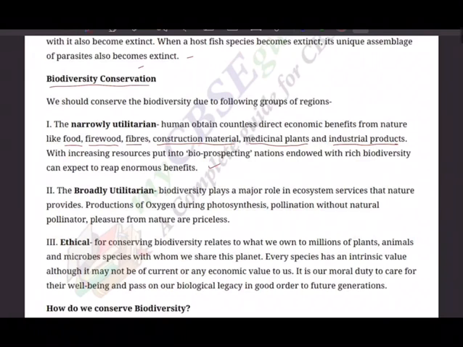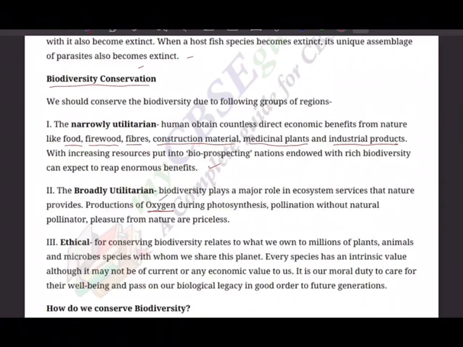And then broadly utilitarian. Biodiversity plays a major role in the ecosystem services that nature provides. Production of oxygen, of course. If we value each plant in terms of oxygen, it is estimated that on an average, in the lifespan of a plant, it gives around 7.5 crore rupees worth of oxygen. So that's the value, broadly.